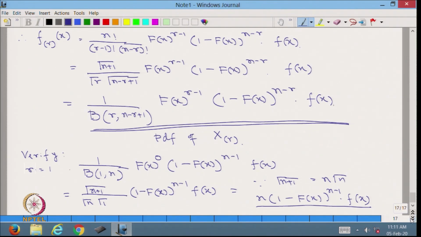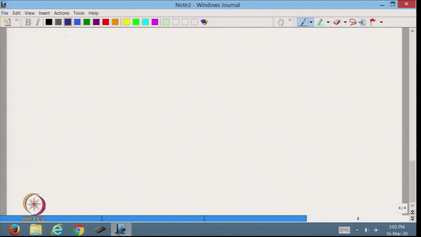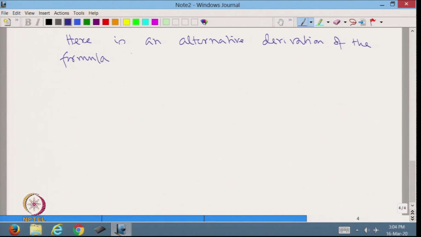Now, some of you may find the formula to be complicated. So, here is an alternative derivation of the formula for f_r(x).